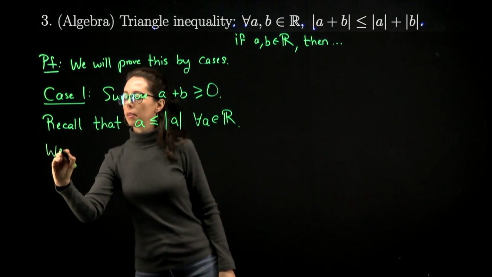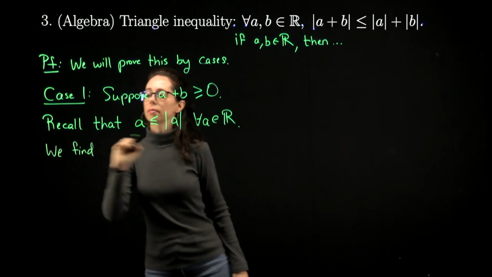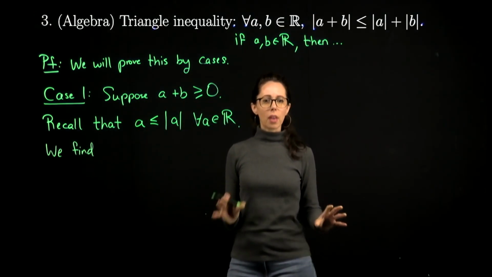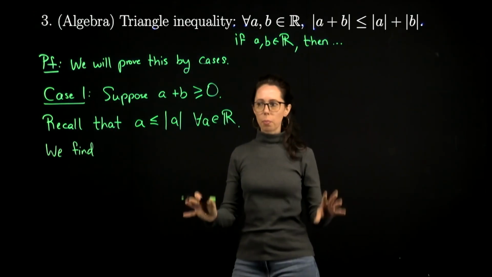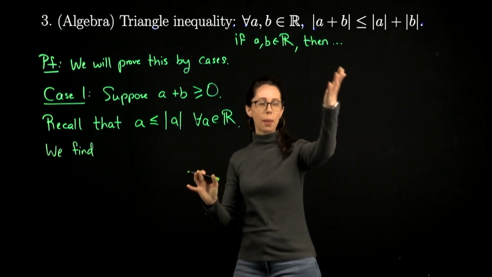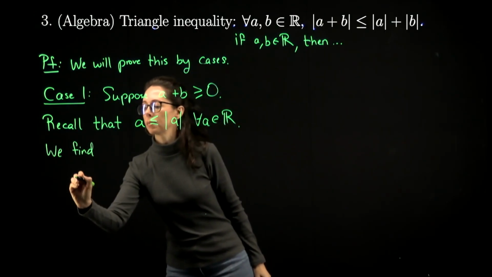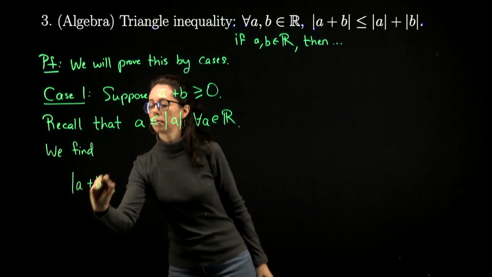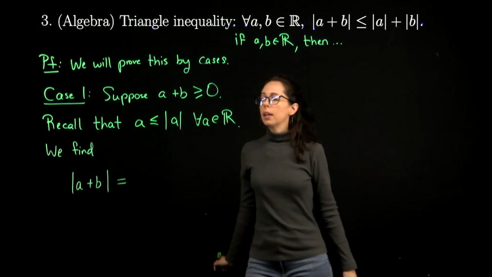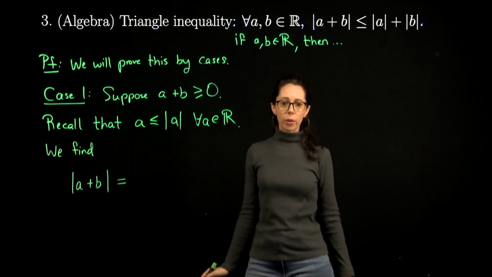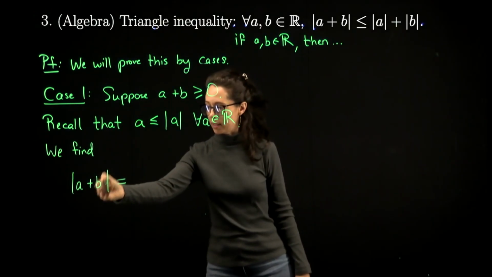We find, centered on its own line, because this is somewhat lengthy and it's also important, I'm going to take the absolute value of A plus B. Since I'm taking the absolute value of something greater than or equal to 0, it is simply what's inside.